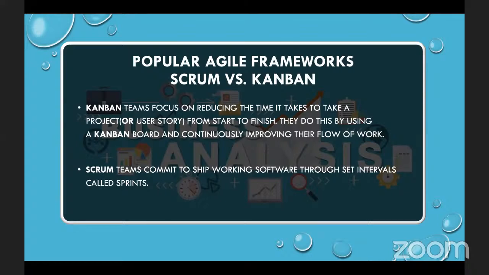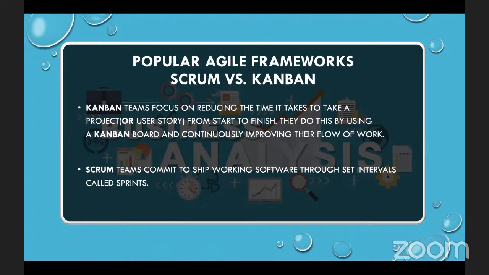The popular timeline is a 2-week cycle, sometimes a month. Other organizations do monthly, right? So they will commit to a certain set time, say a 2-week sprint cycle or maybe a monthly sprint cycle. That means every 4 weeks, they will commit to a certain number of features, and then they will start working on these features.